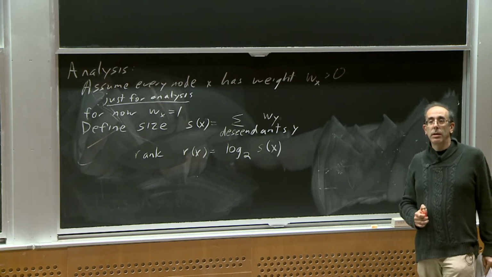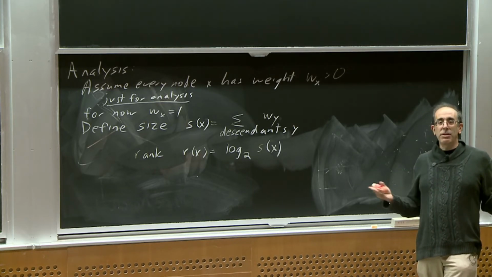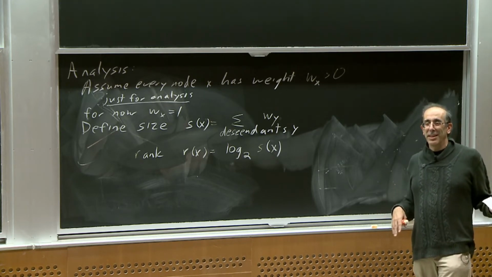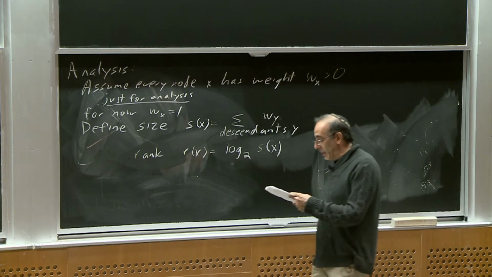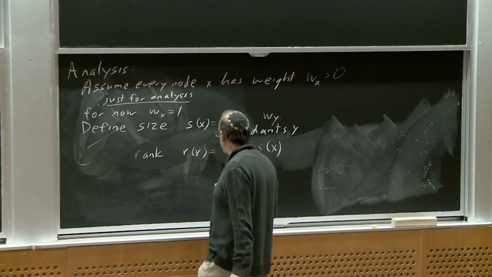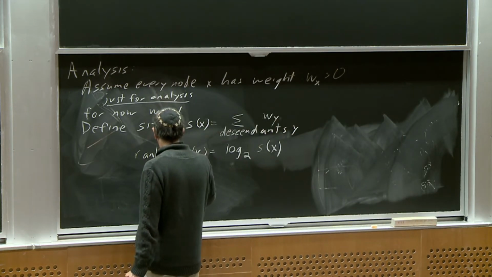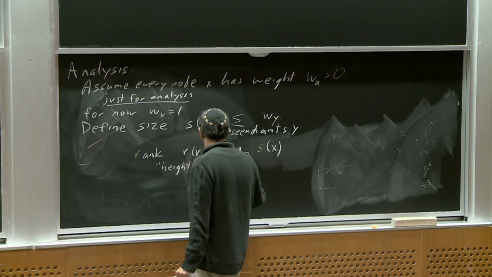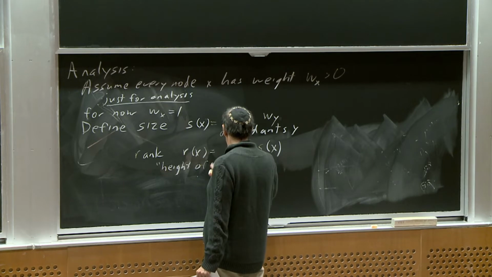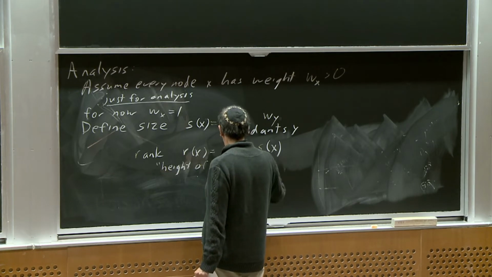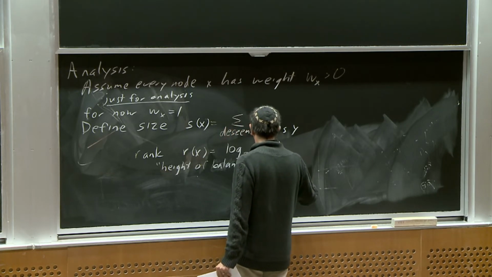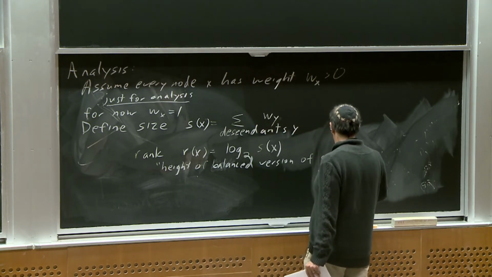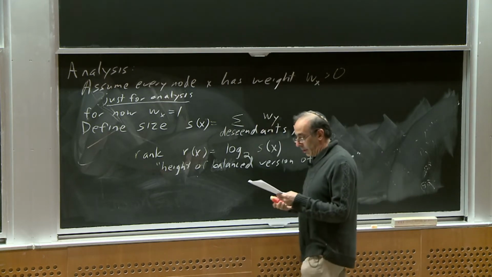Yeah, if it were a balanced tree, then the rank would be about the depth, right? Of course, the tree isn't necessarily balanced, but we can think of this as sort of the height of a balanced version of the subtree. Okay.